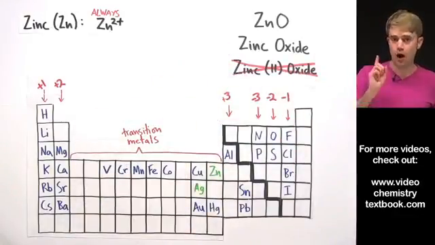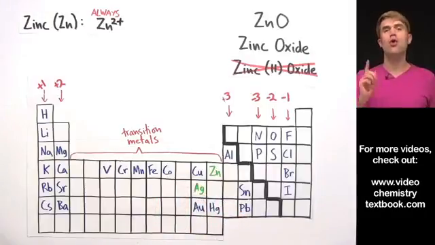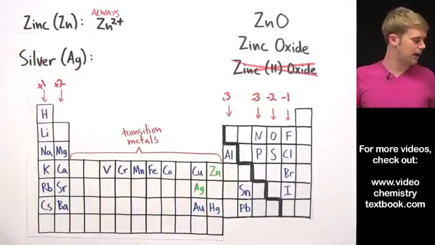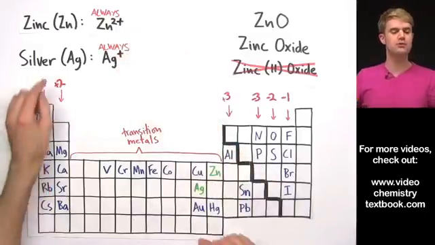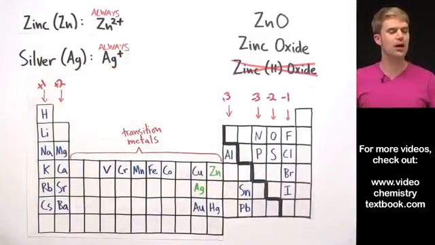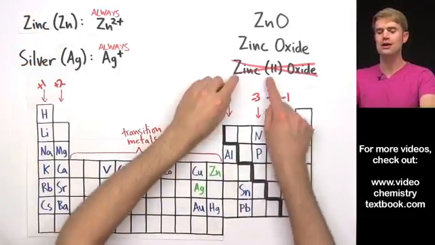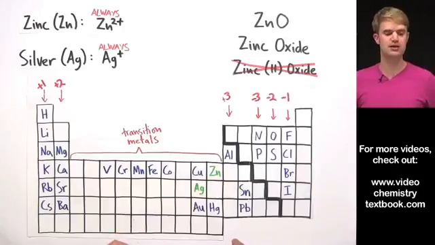Now, there's one other element on the periodic table that's a transition metal that only makes one type of ion, and that is silver, which always makes Ag+. So, if you're naming a compound that contains zinc or silver, even though they're transition metals, you don't need to use the Roman numerals because they can only make one type of ion.